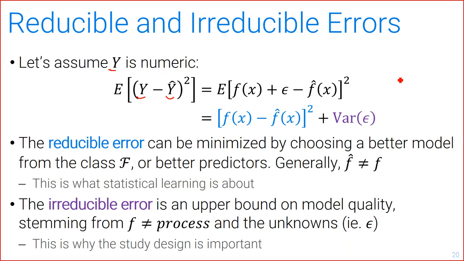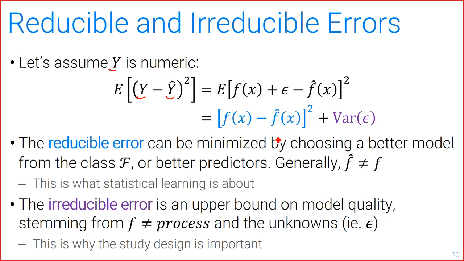If we do a little bit of math, we end up with these two terms, the one in blue and the one in purple. The one in blue, which measures the difference between the optimal function and our estimate of the function, is what we call the reducible error. The point of the reducible error is that it can be minimized by choosing a better model from the class or better predictors.